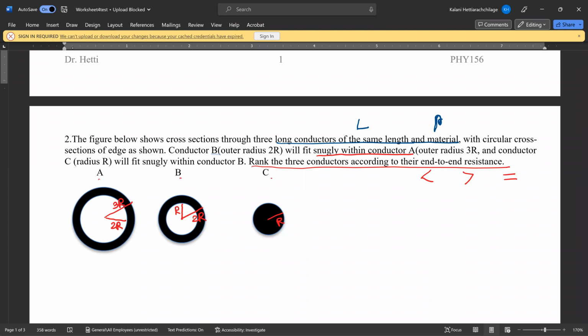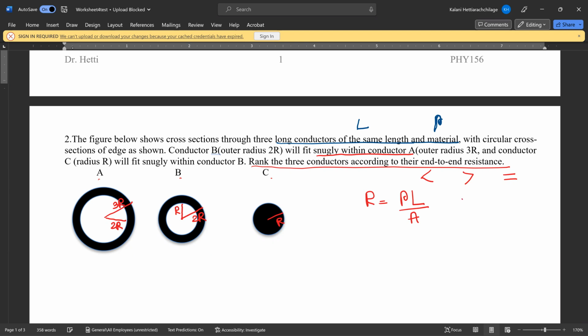So now what we know is we can write resistance is equal to resistivity times L over cross-sectional area. Now we're going to write this for A, B, and C separately, right? So rho and L are the same.